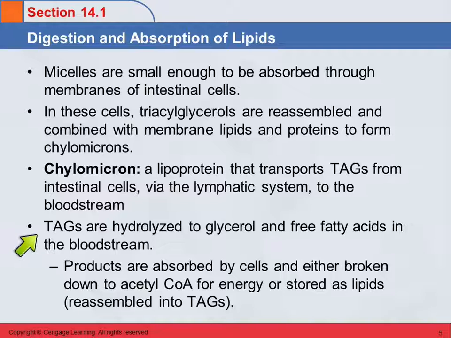In the bloodstream, the TAGs are finally hydrolyzed completely to glycerol and free fatty acids. Those products, the glycerol and fatty acids, are absorbed by the cells, and then they are either broken down to acetyl-CoA to be used as energy, or they may be stored as lipids. If they're stored, they're going to be put back together.